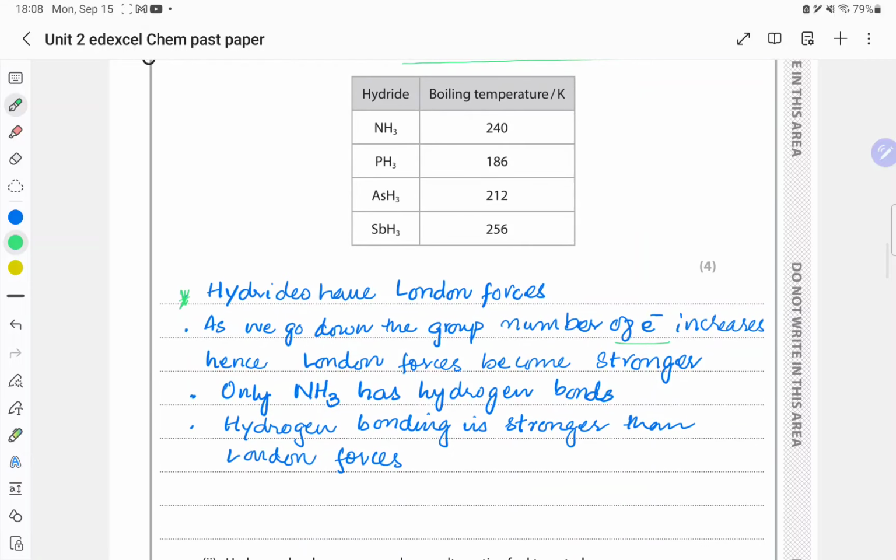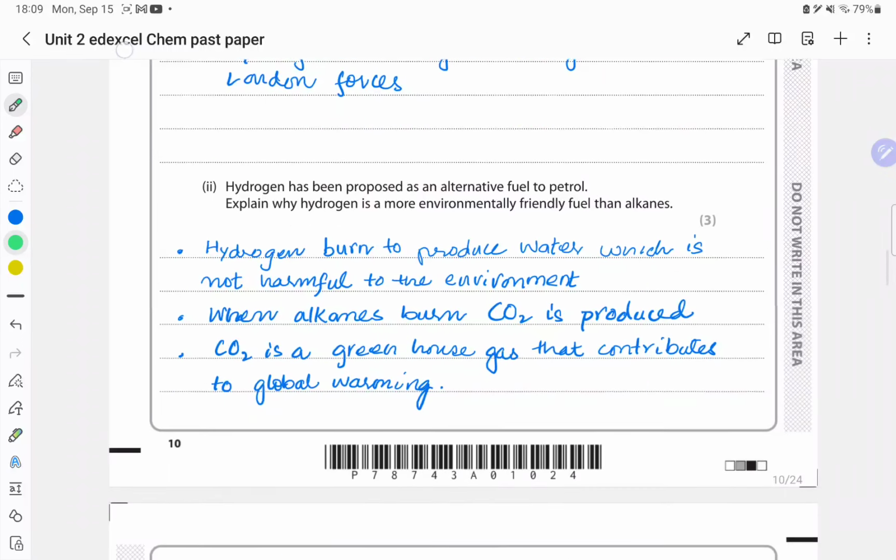Only ammonia has a hydrogen bond; we're talking about ammonia only here. The rest of them we consider as having London forces. Hydrogen bonding is stronger than London forces. Again, because it's 4 marks, you have to give 4 valid points here.